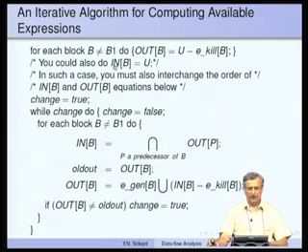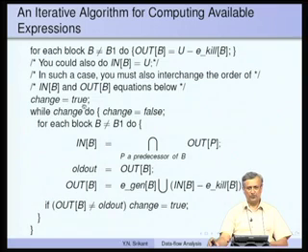We could also have done in b equal to U. There is no problem as such, and if we had done this, then these two should have been computed in a different order. The reason is if you know out b, then you can compute the intersection, whereas if you know in b, then you will have to compute out b first. That is the reason why the interchange is necessary. Otherwise, the final results will all be the same.